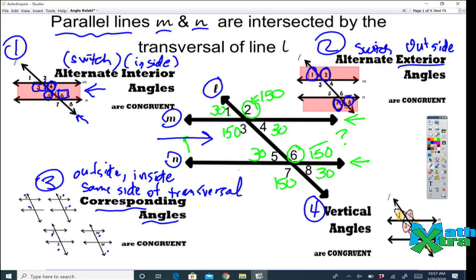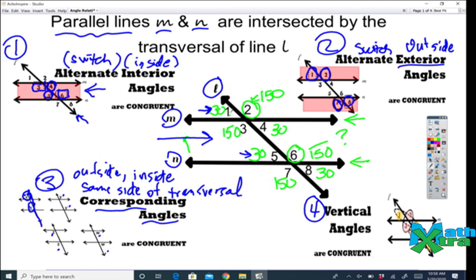So let's look at corresponding angles one more time. So again, in the bottom left corner, one is on the outside, one is on the inside, and it's on the same side of the transversal, all right? So back in the middle, the center angles 1 and 5 would be what?